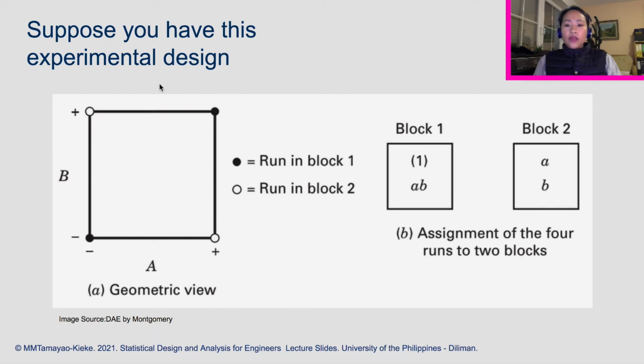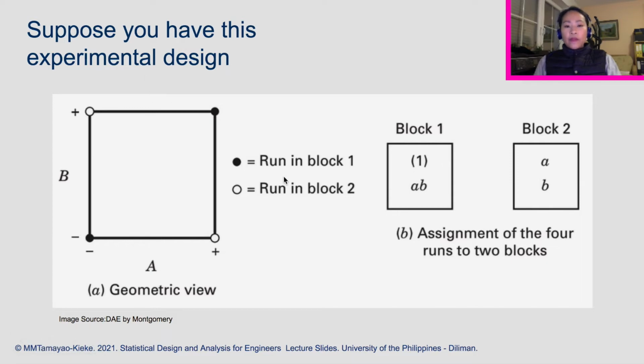So this is familiar to you. This is the 2 to the 2. On the left side, you have the geometric representation of a 2 to the 2 factorial design. In this particular case, we have a confounded 2 to the 2 factorial design run in two blocks.